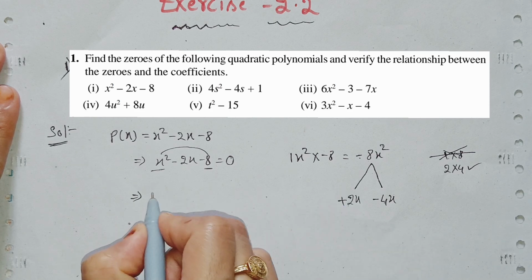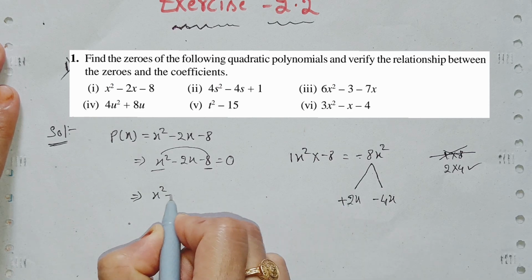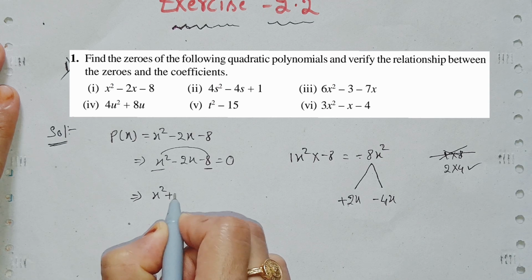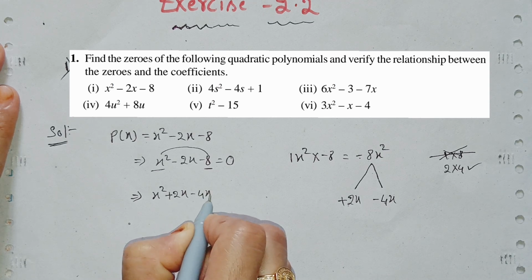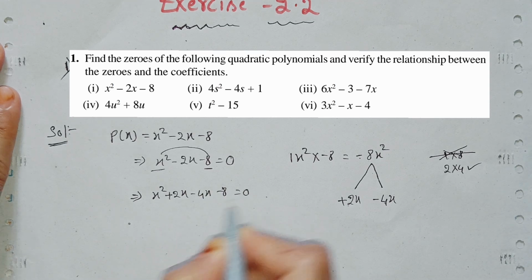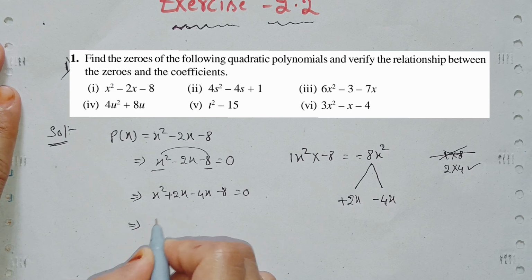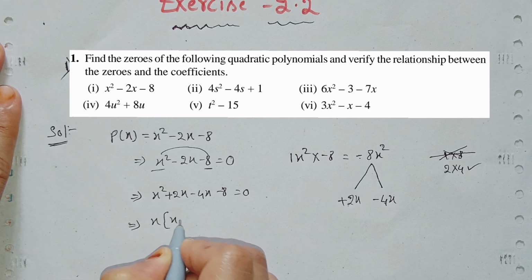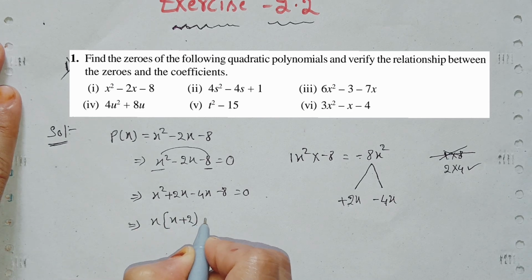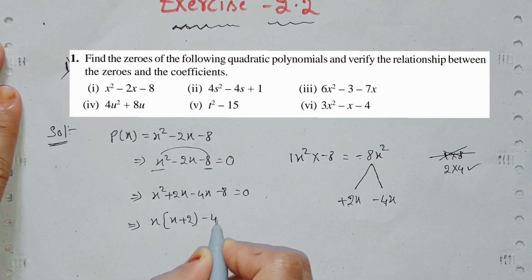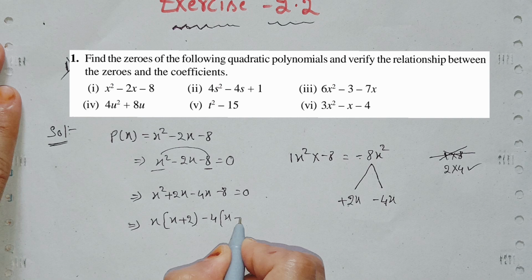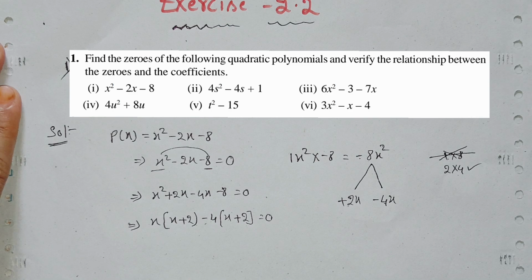So x square plus 2x minus 4x minus 8 equal to 0. Here I am taking x as common, then x of x plus 2. Here I am taking minus 4 common, then minus 4 into x is minus 4x, minus of plus is minus, 4 twos 8, equal to 0.